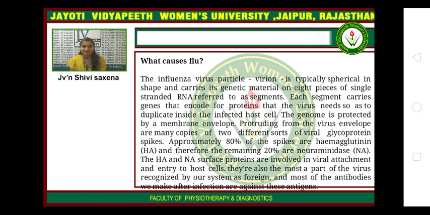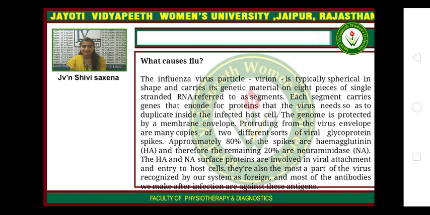The HA and NA surface proteins are involved in viral attachment and entry to host cells. They are also the part of the virus most recognized by our immune system as foreign, and most of the antibodies we make after infection are against these antigens.